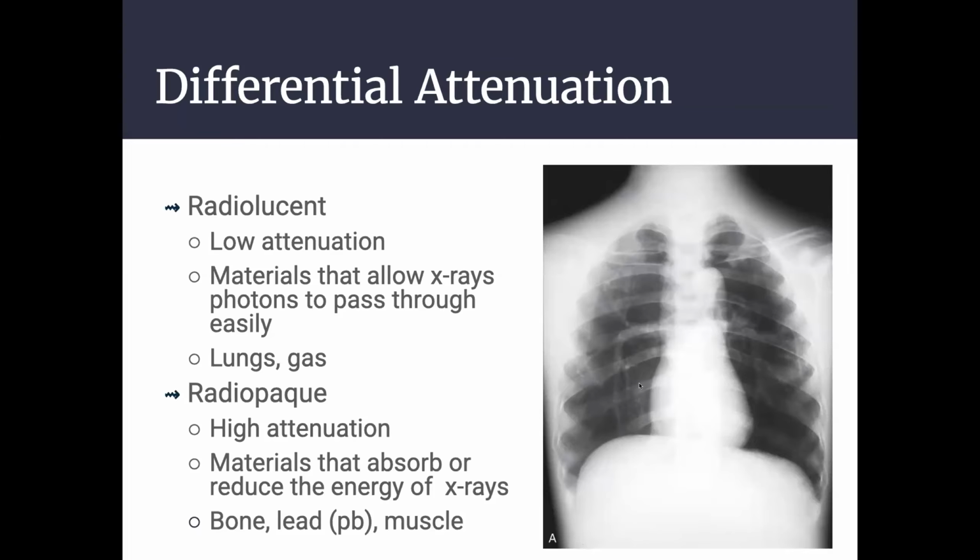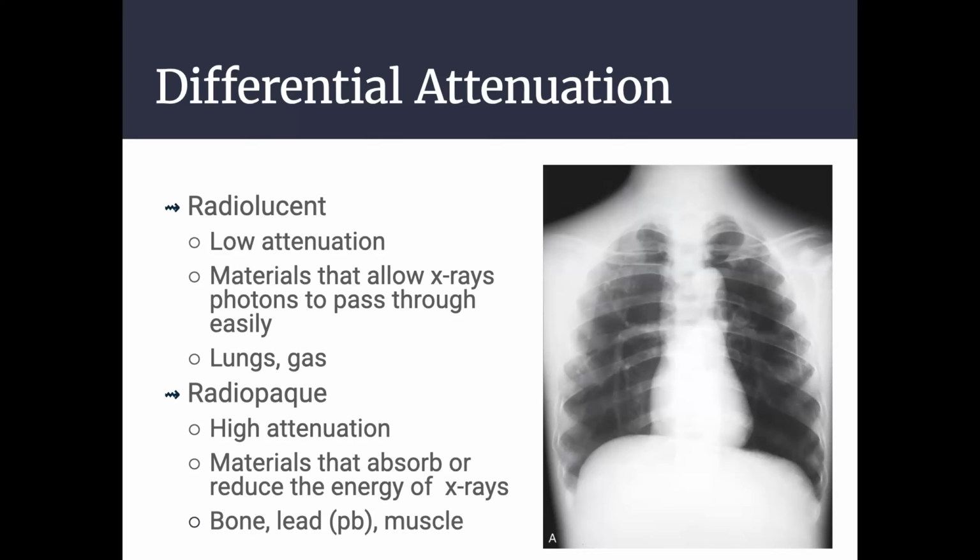And you can see that there are differences between that and the black areas, which are the air. And then you've got the heart, which is almost completely white, right? And you've got the liver over here, and you've got the stomach over here. And so those areas that are very white are either bone or a denser object. Remember I told you we're going to talk about the object's density, right?